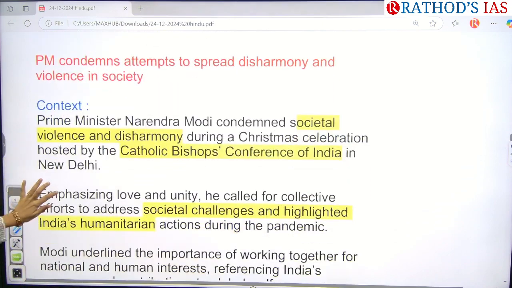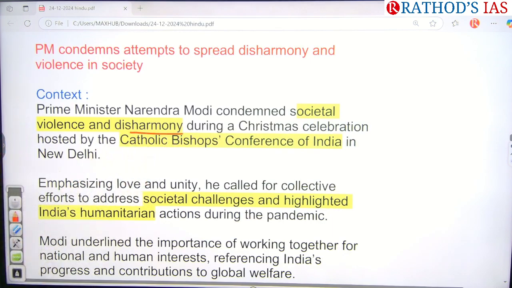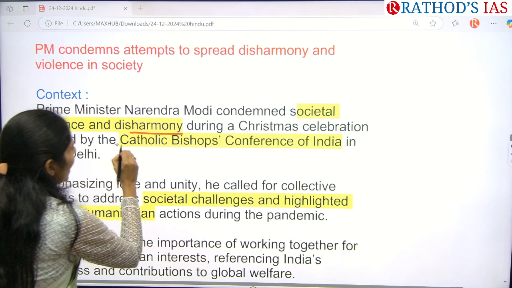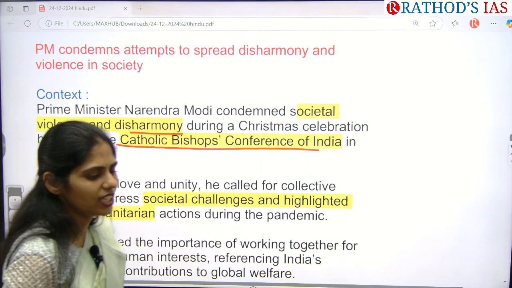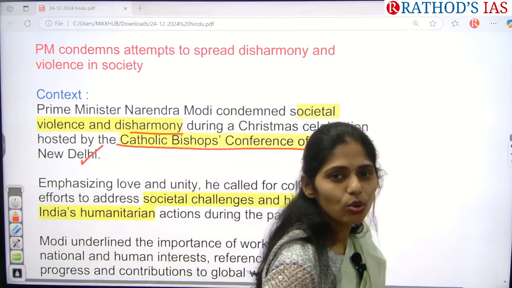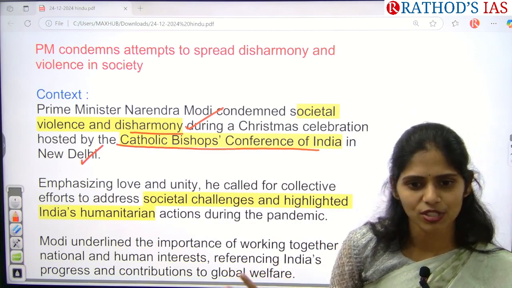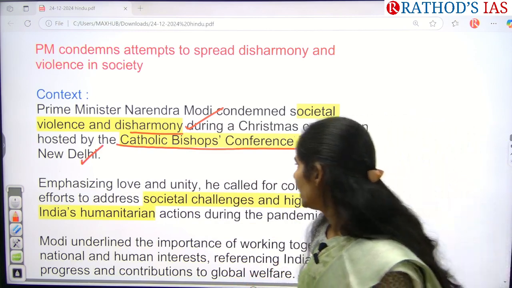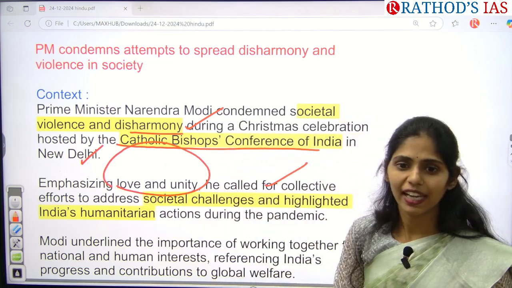Our Prime Minister said that societal violence should not happen and societal harmony should prevail during these Christmas celebrations. Recently, a Catholic Bishops Conference in India happened. In that conference, our Prime Minister clearly said that we need social harmony and a violence-free society. He emphasized love and unity, and called for collective efforts.